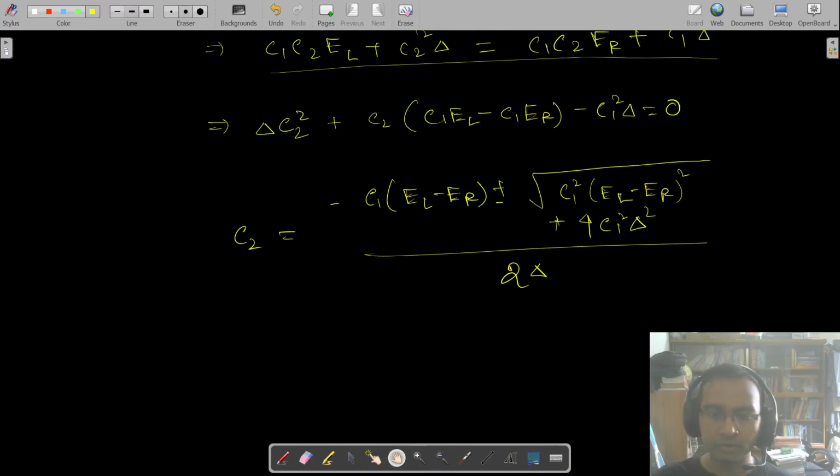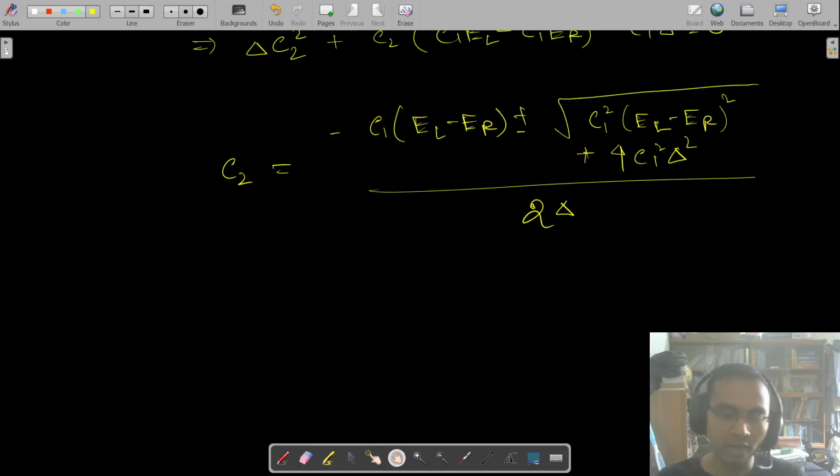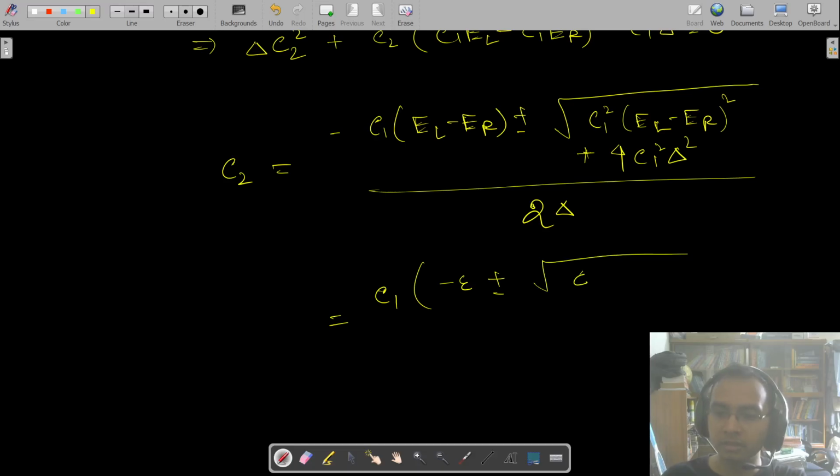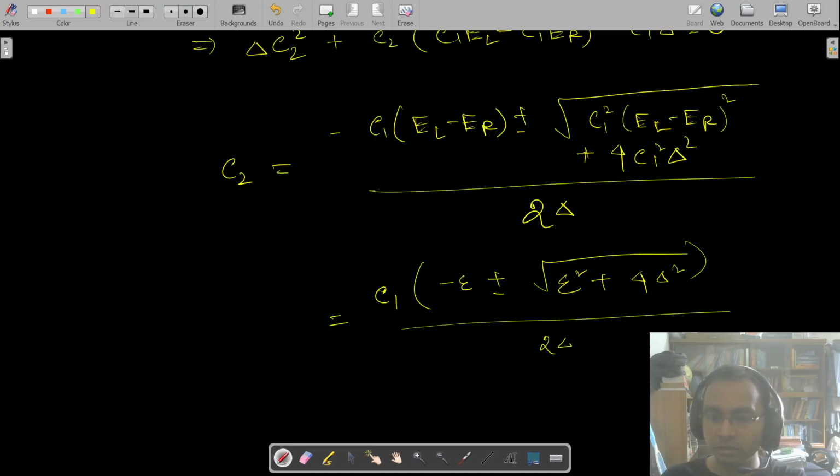So we use that shorthand, and take C1 common from here. So we have minus epsilon plus or minus the root of epsilon squared plus 4 delta squared, divided by 2 delta.